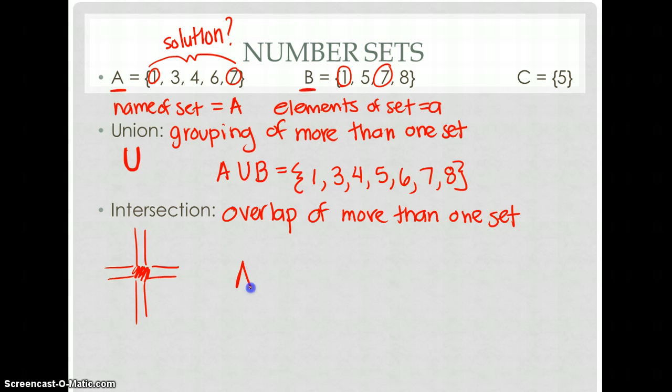If I had A, the symbol we use for intersection is the opposite of union, the U upside down. A intersected with B, you'd ask, what elements appear in both A and B? Well, 1 is in both A and B, and 7 is in both. So the intersection of sets A and B would be 1 and 7.